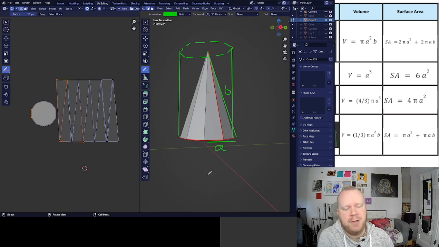So the volume of this cylinder would be pi a squared times b. And again, this is very non-mathematical, but if you can break this into 1, 2, 3 parts, the cone is going to be taking up 1/3 of that. So the volume for a cone is going to be 1/3 times pi a squared times b.